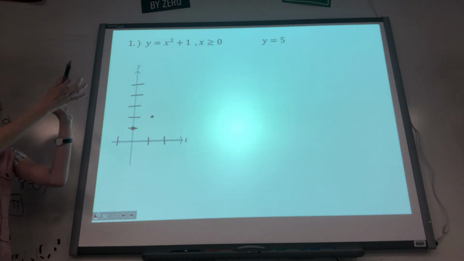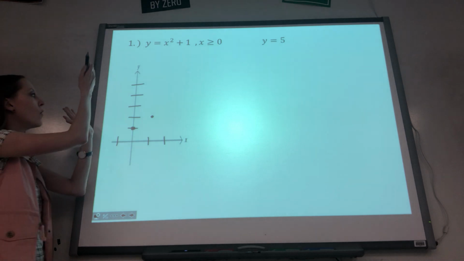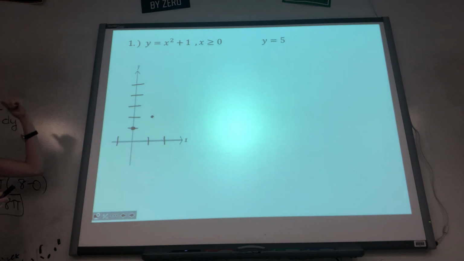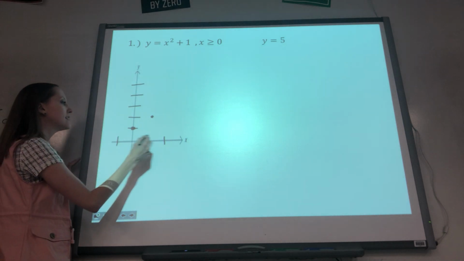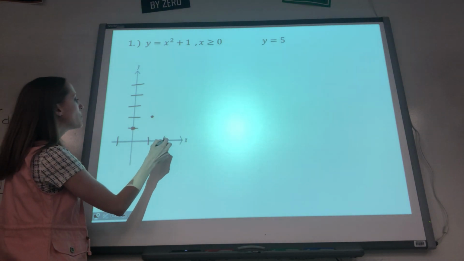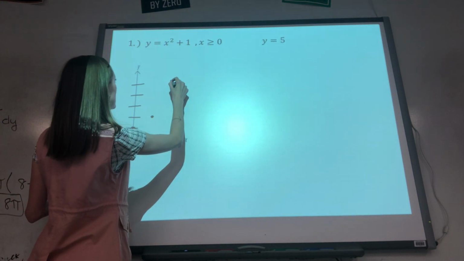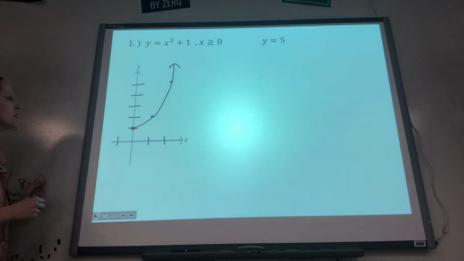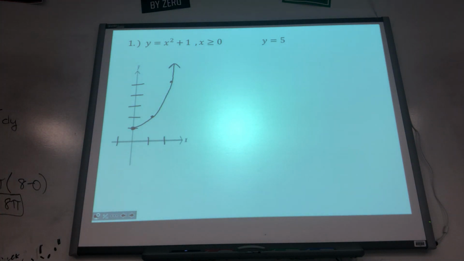It's like you're taking that parabola and only keeping the right half. You're not even going to have to draw the left half where x is less than 0. If I go one more time, when x equals 2, y should equal 5. So that's probably good for our half parabola. Again, we don't need the left half because x has to be greater than or equal to 0.